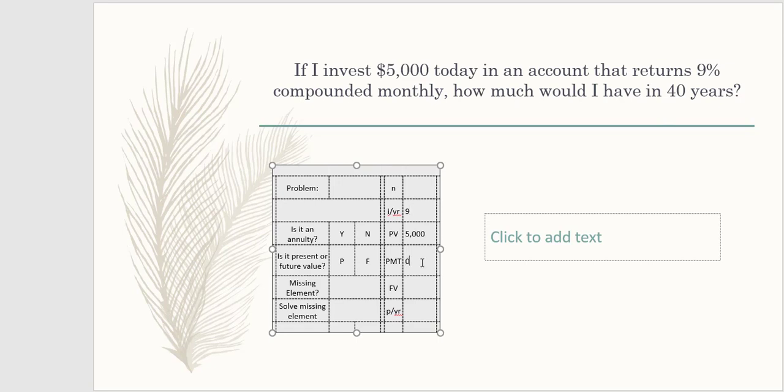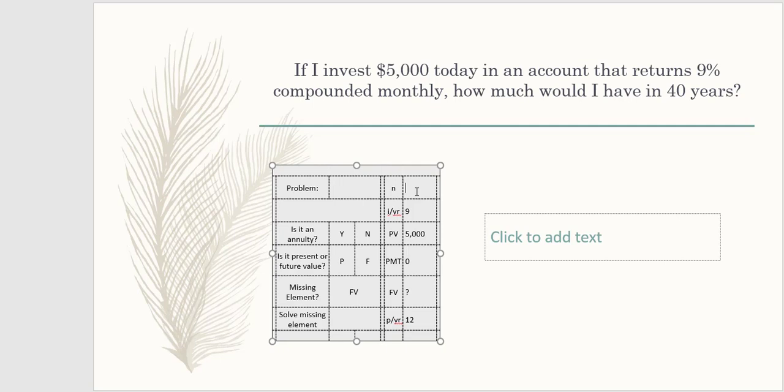We have 0 for payment. Our future value is what we're looking for. That's our question, so that's our missing element. And payments per year: it says compounded monthly, so payments per year is 12.